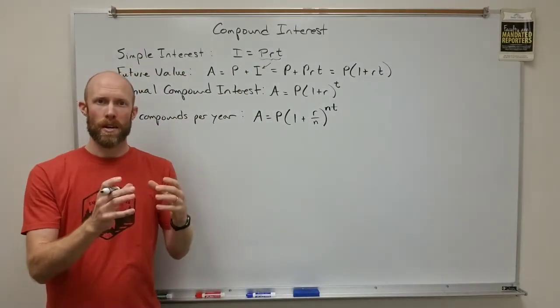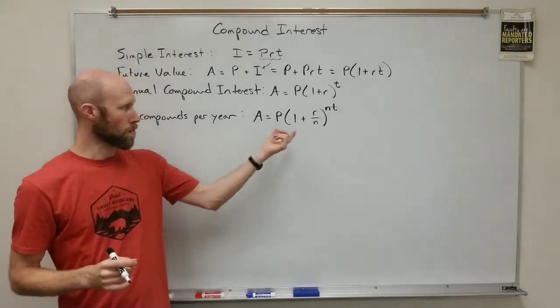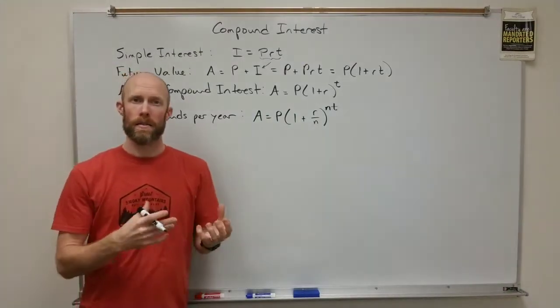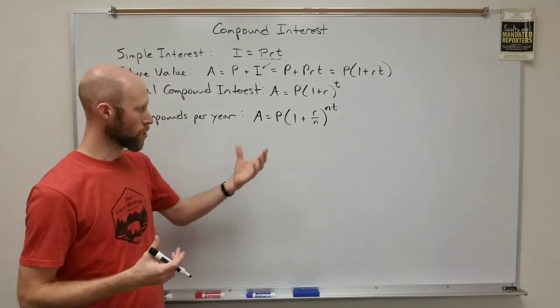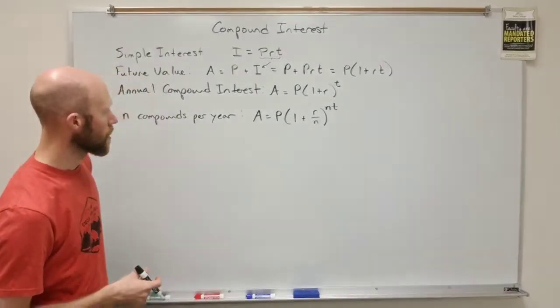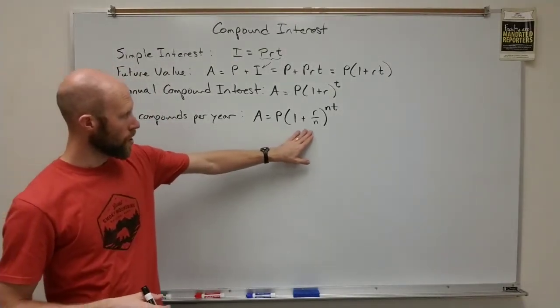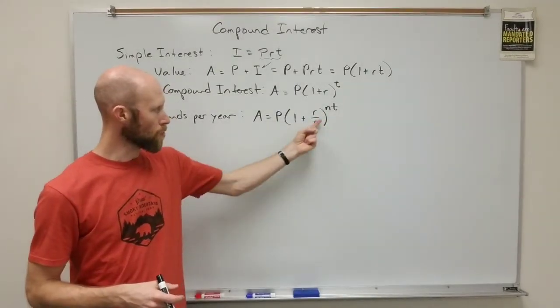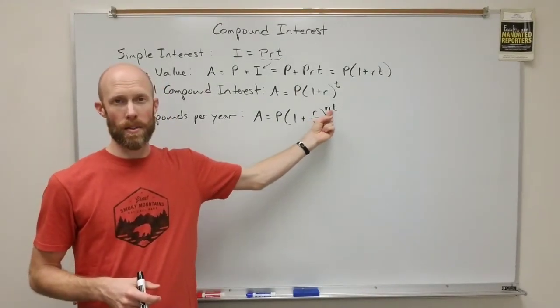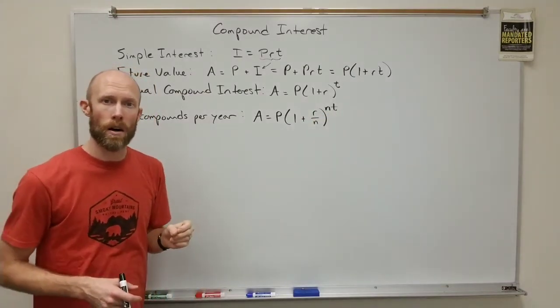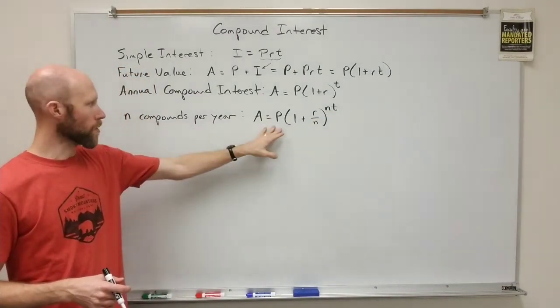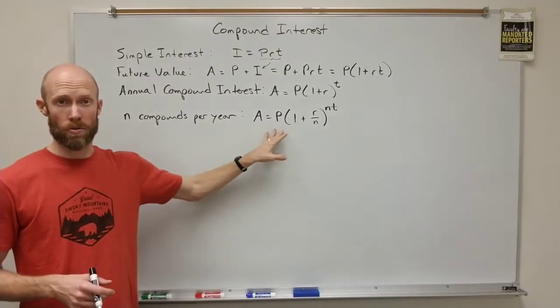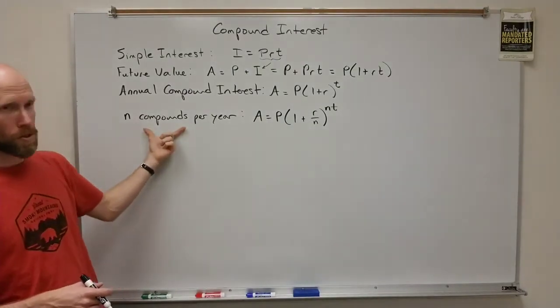Okay, so you just have more factors of the 1 plus r over n contributing to the growth of that account. Okay, and so this new formula with those two adjustments, division by n in the rate, multiplication by n in the exponent, is going to be our general formula for n compounds per year.